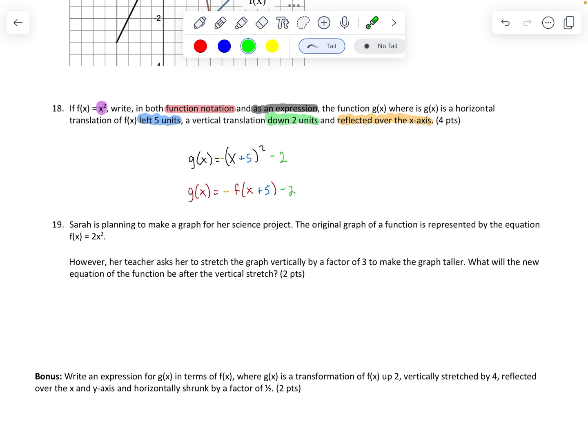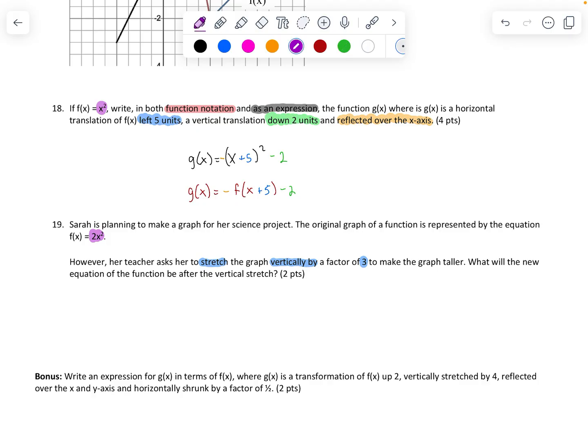Okay, on 19, again, very wordy, but a lot of the words aren't that meaningful, really. We're starting with this function, 2x squared, and all we're doing is stretching vertically by 3. That's it. To stretch anything by any number, you just multiply the original function by that number.